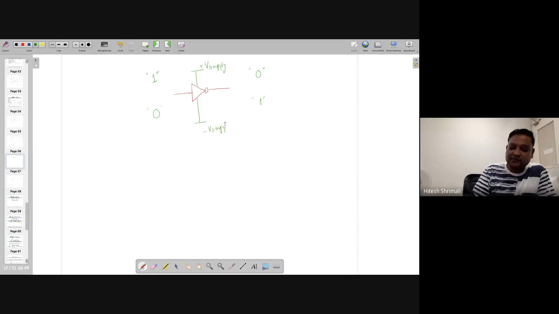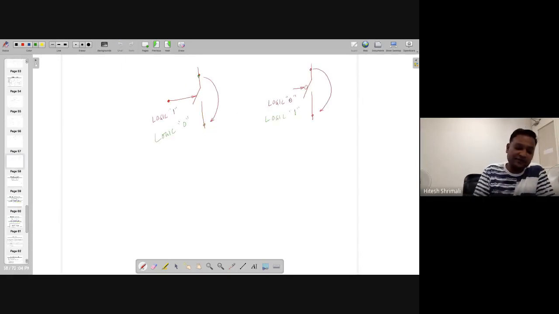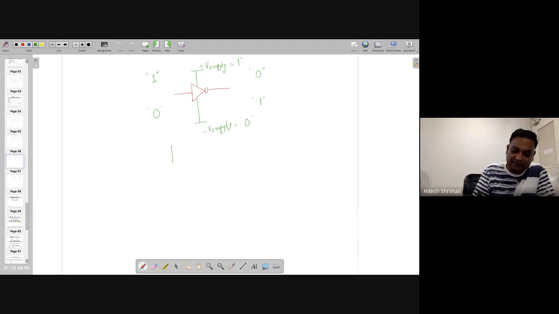By the way, the positive supply is referred to as digital logic 1, and the minus V supply is referred to as digital logic 0. Now, if I want to create such a thing, whenever I want to apply such switches, I'm keeping two switches over here. One has A, the other B, and let's call this one the input. From here, I'm taking the output.